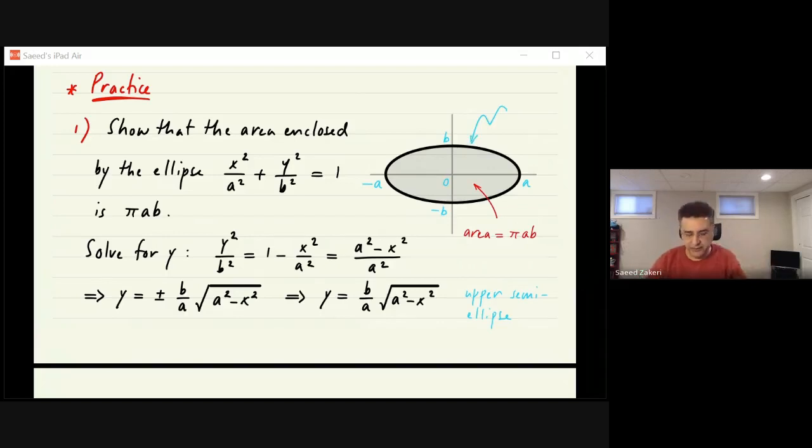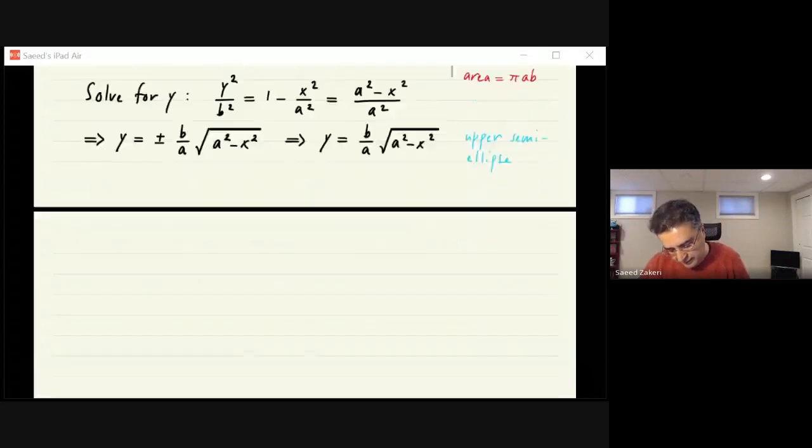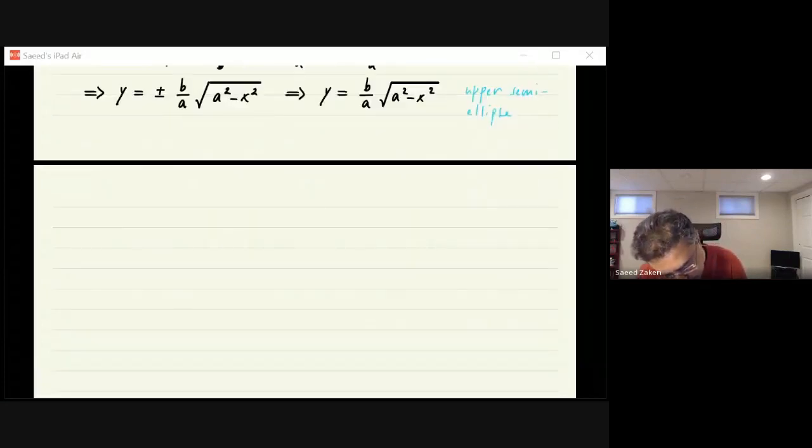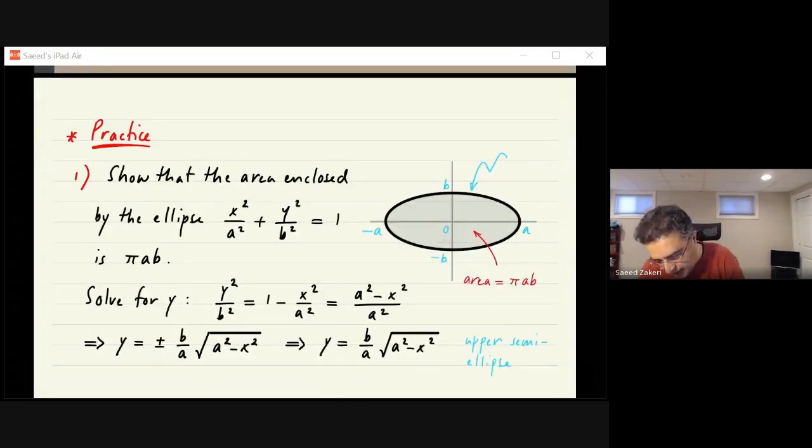Okay, so I have this function, and now I can say that the area of the ellipse is 4 times this area, right? It's enough to compute this area and then multiply it by 4.